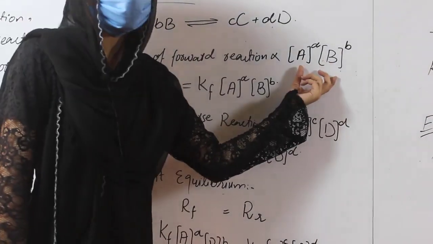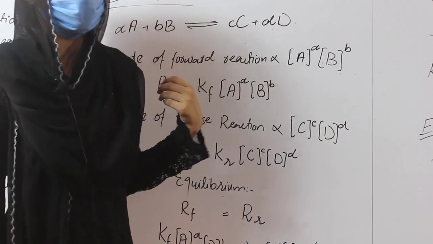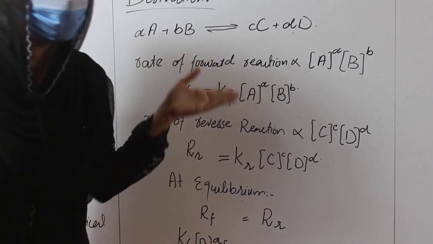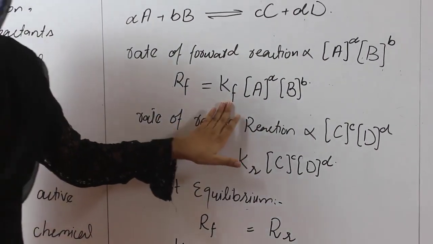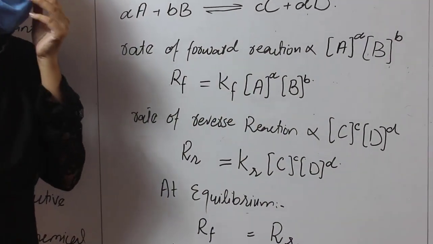When we replace the proportionality sign with an equal sign, we apply a new constant, that is K, and because it is a constant for the forward reaction, we put F in the subscript, and RF represents the rate of the forward reaction.